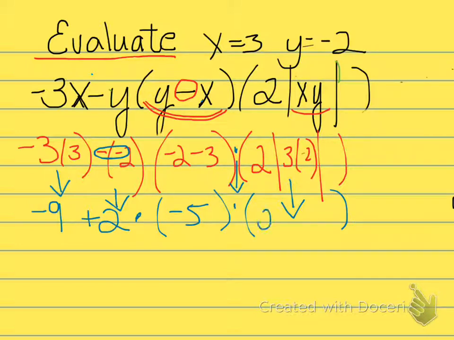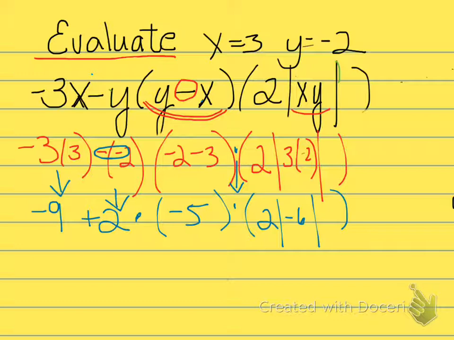So we have a 2 times the absolute value of 3 times a -2. Now 3 times a -2 is -6. You don't put a +6 because it's inside absolute value bars. You put a +6 when you take it out of the absolute value bars. And that was a little thing you guys were getting a little bit confused on when we did this in class.